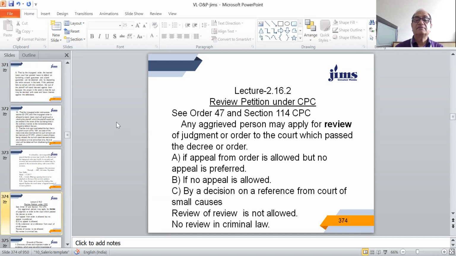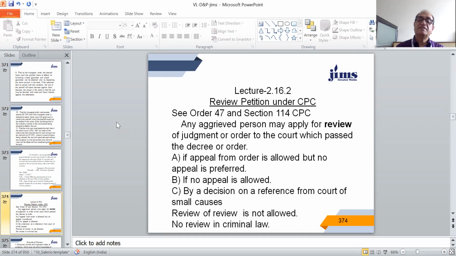But there are three conditions before you can apply for a review. The first condition is that if an appeal from that particular order is allowed, but no appeal is preferred. See, the order is appealable according to Order 43, but you have filed no appeal, then you can go for review. Second condition is that if no appeal is allowed, the order is non-appealable, then what will you do? Then you will file review only.